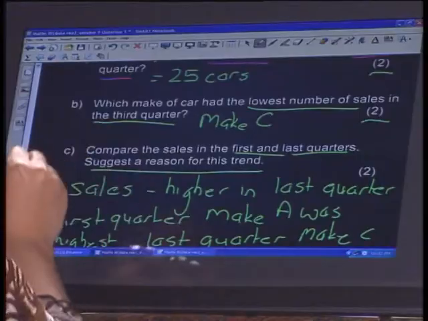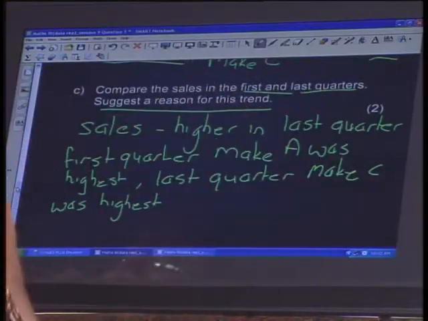I don't know if it's necessary for me to write this all down, but I want one valid reason. And I promise you, like I said, my memo says any valid reason. You've probably got 10 reasons that you can think of that will explain this information, and I haven't thought of, but it is a valid reason. I've looked at the reason and the trend for the sales being higher in the last quarter.